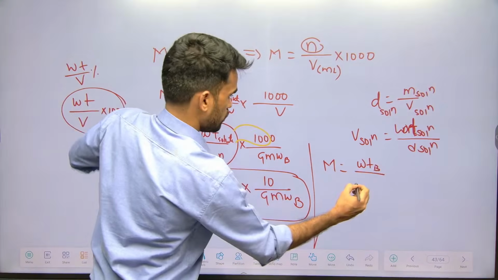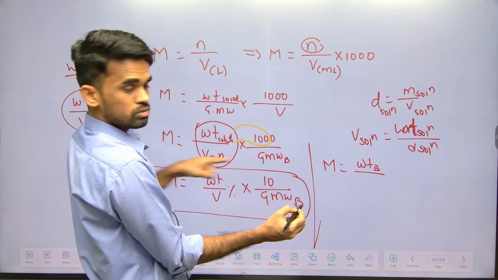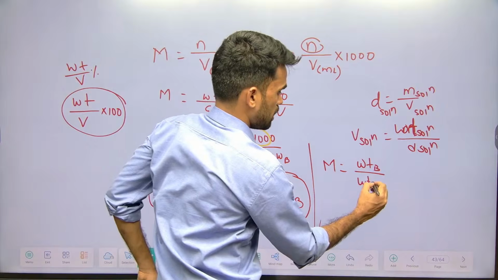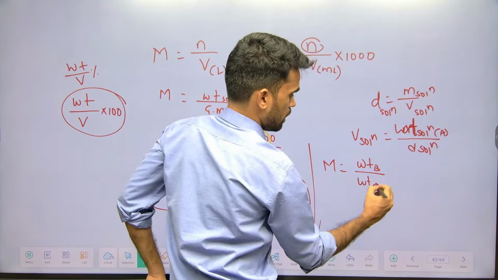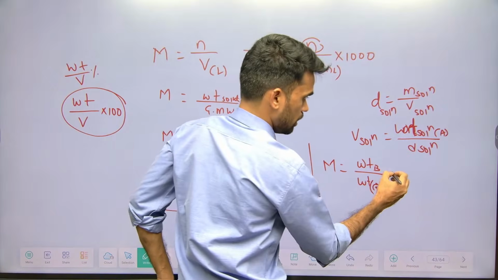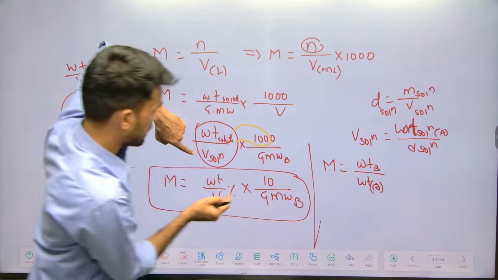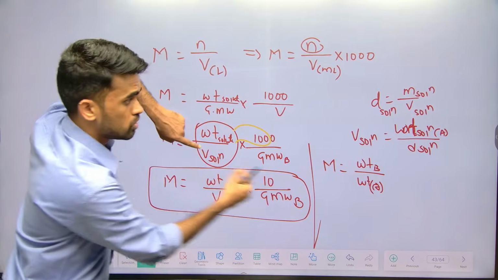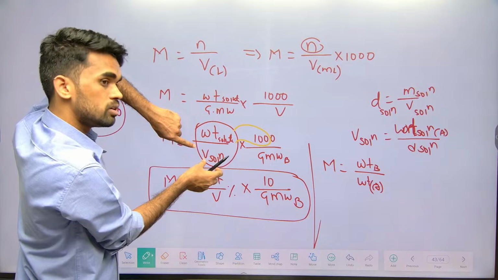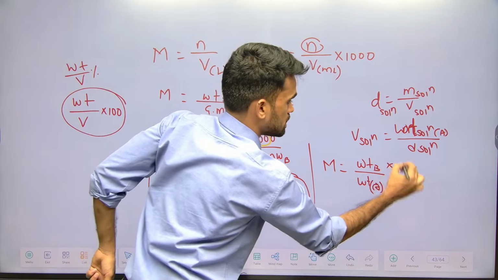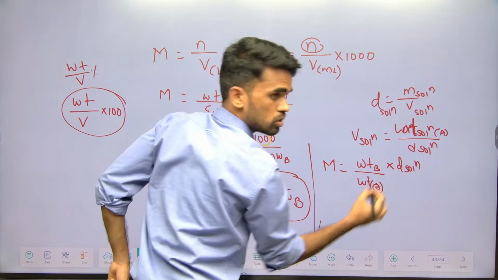Weight of solution. So solution I am indicating with symbol A. See this, it is in the denominator. So you place this in the denominator. Density goes in the numerator. So here I am writing density of solution.